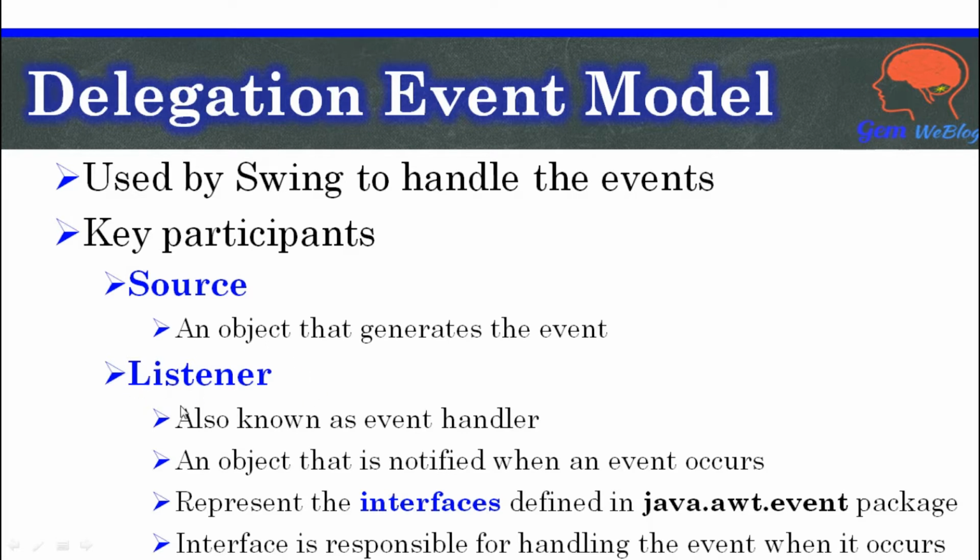Then who is the event listener? An object that is notified when an event occurs, that is the event handler. The event listener is an interface which is defined in the java.awt.event package. This interface is responsible for handling the event when it occurs.